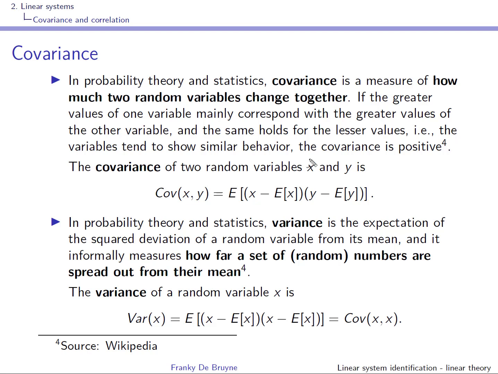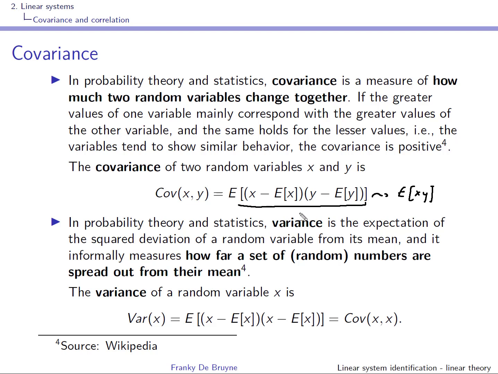Here we have the definition of covariance, okay, and E here is the expected value. So it's the expected value of (x minus its mean) times (y minus its mean), and if, well, x and y have a zero mean, then, well, this will reduce to the expected value of xy.